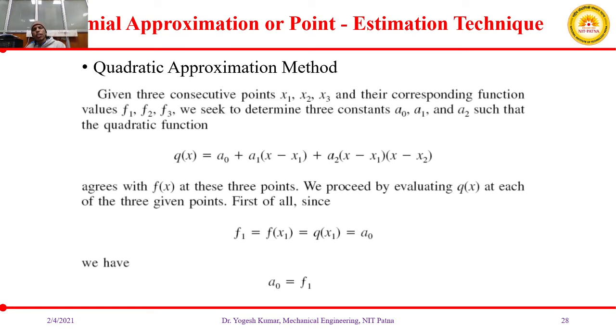Suppose we have a quadratic function, and we are trying to solve it using the quadratic approximation method. This is again a 3 point approximation method. Here also we are taking 3 points, but how these 3 points are taken is quite different from the previous method in which we used the interval halving method.